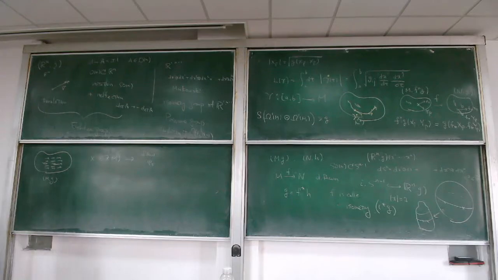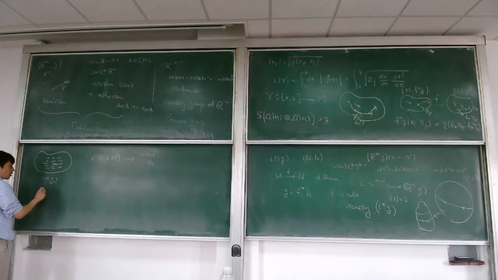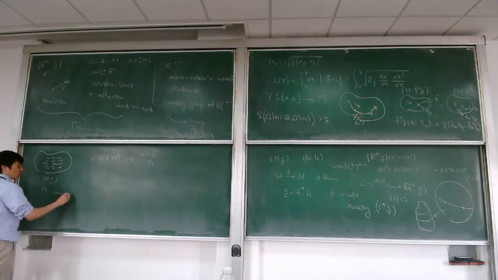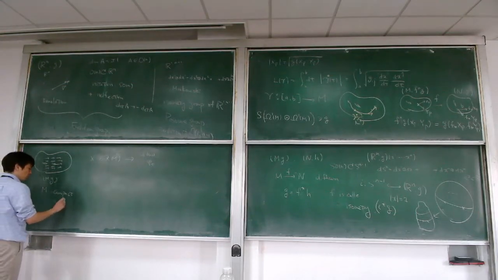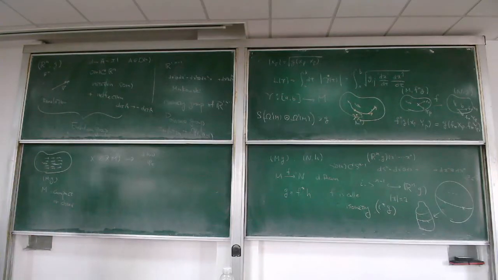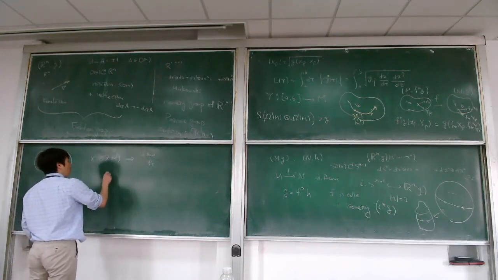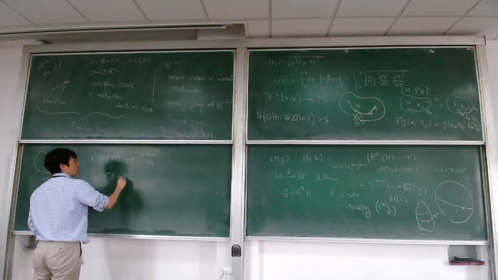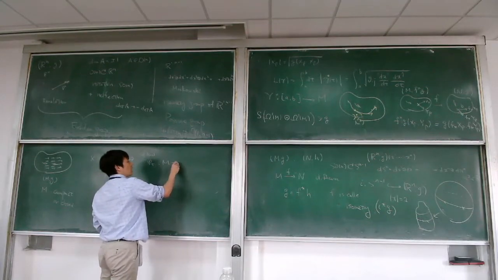In particular, if M is compact, or for instance compact and orientable, a nice enough Riemannian manifold, closed, one can have a flow for any t, and phi_t is a diffeomorphism from M to M.